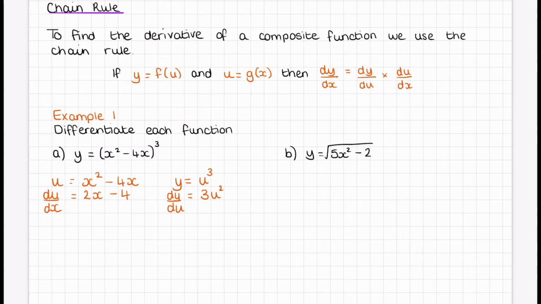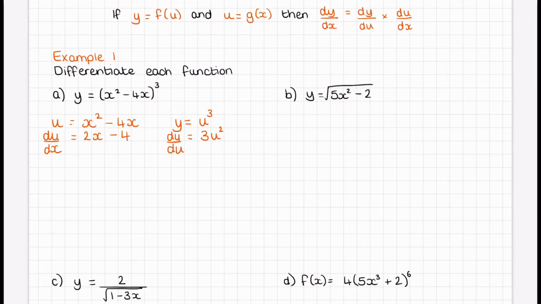Now to apply our chain rule, we just multiply those two derivatives together. So dy/dx will equal (2x minus 4) multiplied by 3u squared.